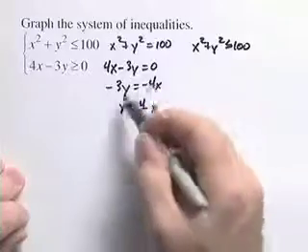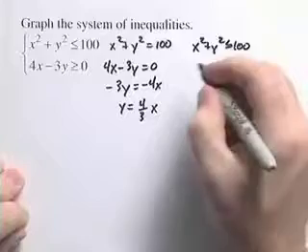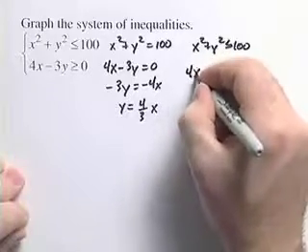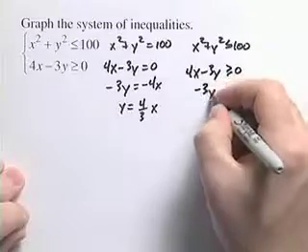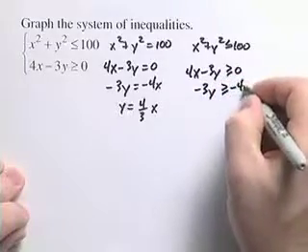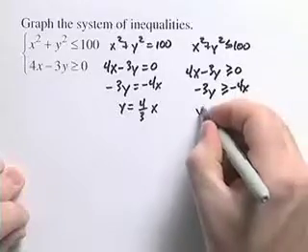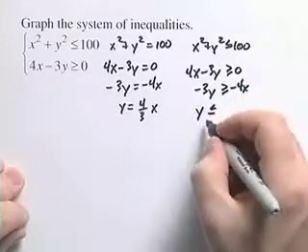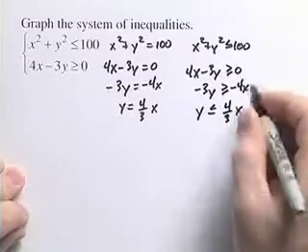And for our linear inequality, if we solve it the same way, 4x minus 3y greater than or equal to 0, negative 3y is greater than or equal to negative 4x. If we divide both sides by negative 3, we have to switch the direction of our inequality. And so we're really looking to graph the inequality y is less than or equal to 4/3 x.